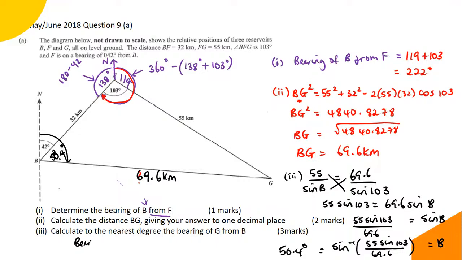So write a little note. The bearing of G from B will be the 42 degrees plus what you just worked out, the 50.4. This angle plus this angle gives the whole angle. When you add those two, you will get 92.4 degrees.